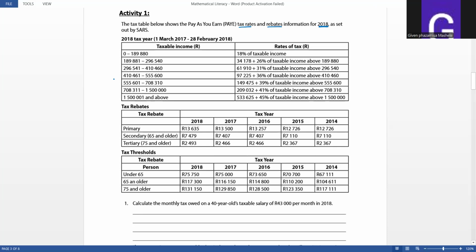The 2018 tax year runs from March 2017 to the 28th of February 2018. Then these are the taxable income levels: level 1, level 2, level 3, level 4, 5, 6, and 7. So if you check these, remember this is annual.